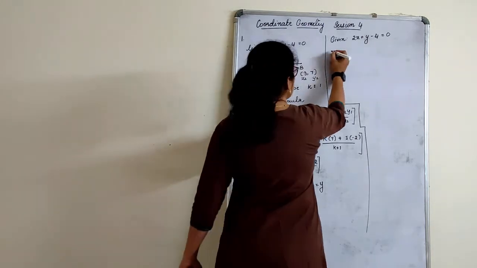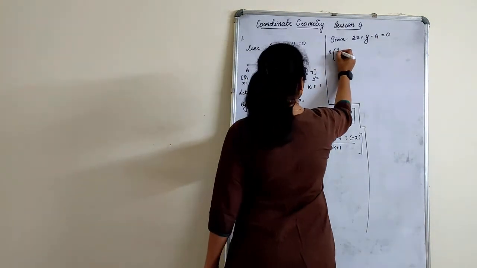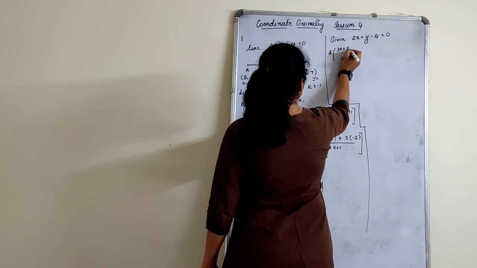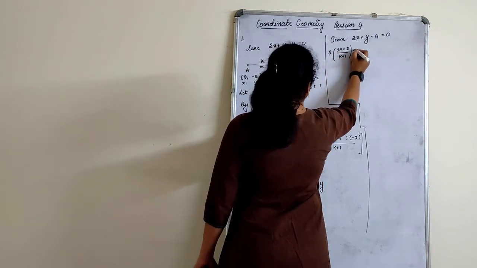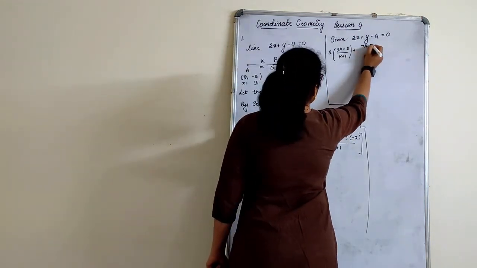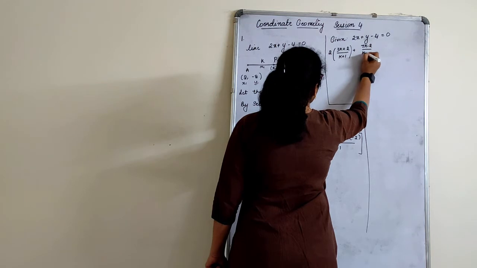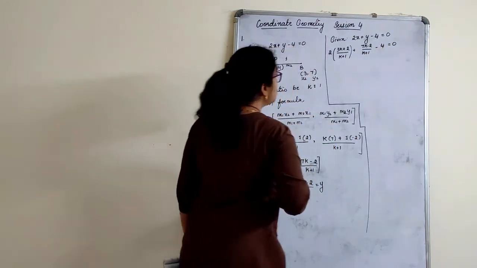So 2 as it is, what is x? x is nothing but (3k plus 2) divided by (k plus 1), plus y is nothing but (7k minus 2) divided by (k plus 1), minus 4 is equal to 0.